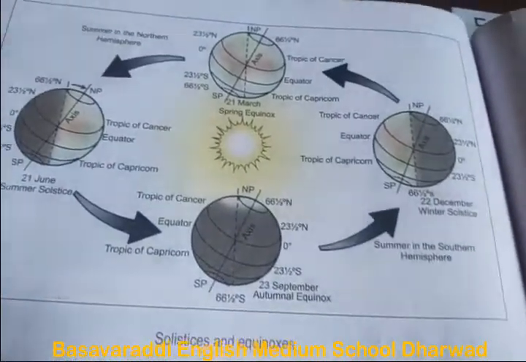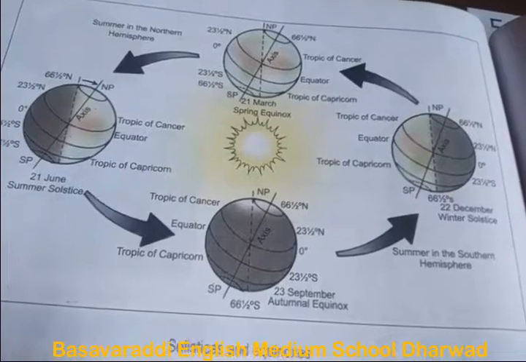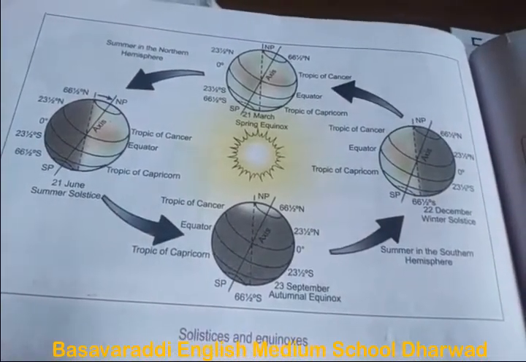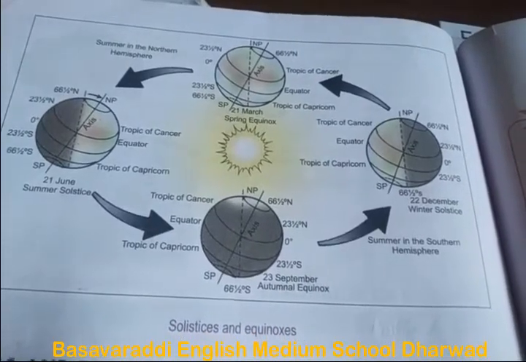I will show the picture also. See here, this is the picture, solstices and equinoxes. This picture is in your textbook.